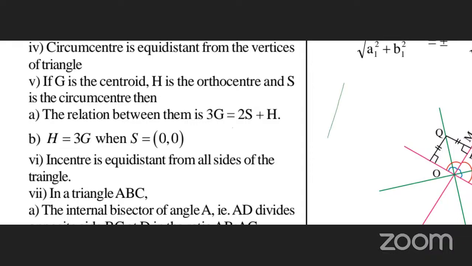If I draw a triangle ABC, my circumcenter S is equidistant from the vertices. This is called the circumcenter. Whereas the incenter is equidistant from all sides. This is called the incenter I, whereas this is S. Both are different.